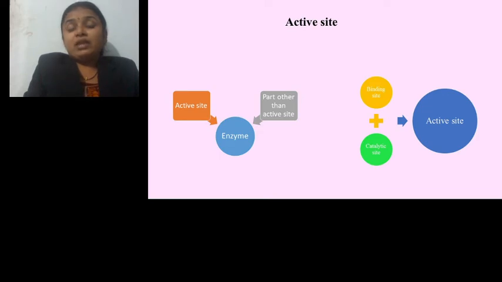Then what is catalytic site? The amino acids which are present in the active site which react with the chemical groups present in the substrate are included in the catalytic site. And binding site and catalytic site together give the active site. Or the active site is made up of binding site and the catalytic site.